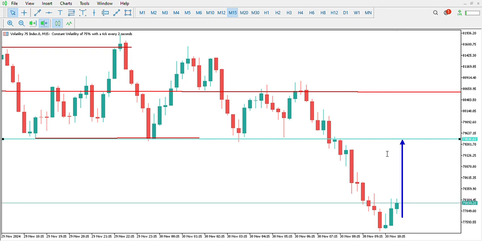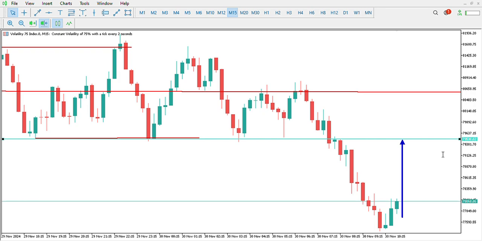Ebu to show mambo ya FVG kama confirmation. I can't say that fair value gaps can be used for entry confirmation if your higher time frame is saying it's a sell, and you're seeing a buy on the lower time frame that has a fair value gap. It won't work for you. Sometimes someone can tell you that if you see an engulfing candle, you buy.